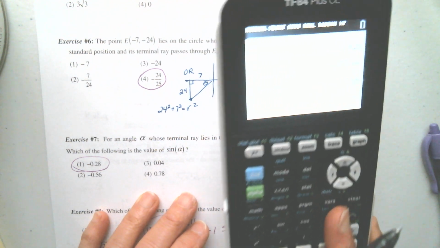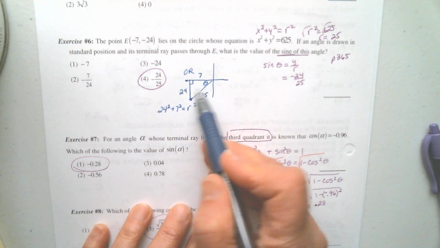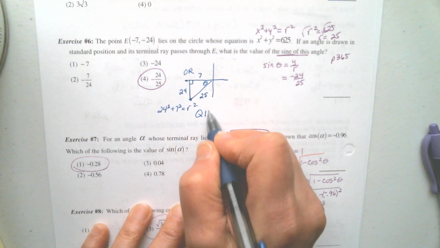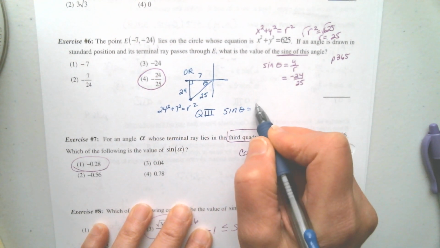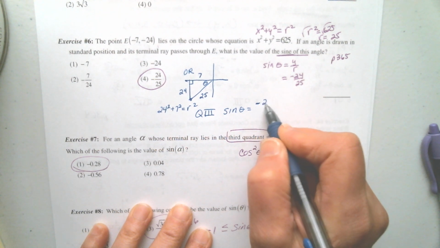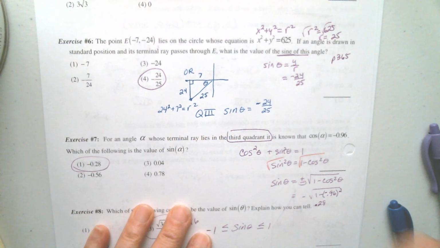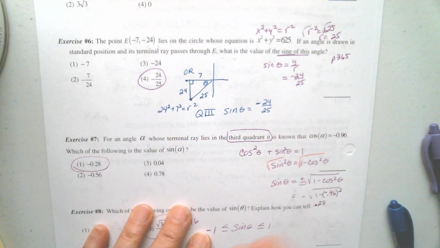Oh, I'm sorry, that didn't show up at all. All right. And then sine is opposite over hypotenuse, but we are in quadrant 3, where sine is negative. Or one last way. No, I'm sorry, we're done.